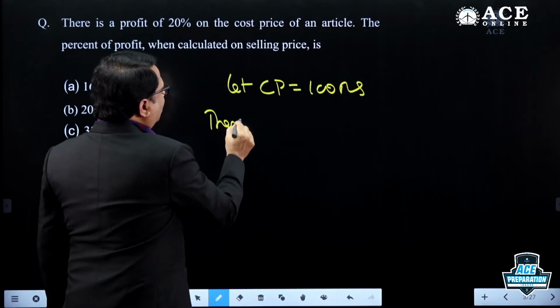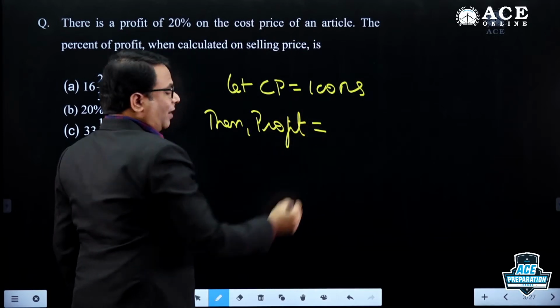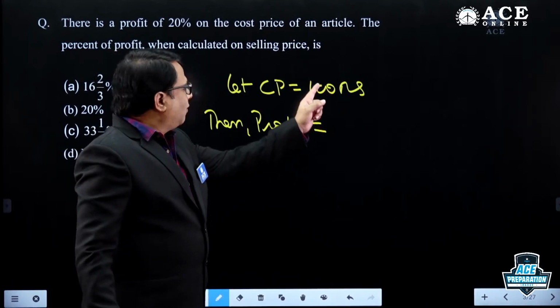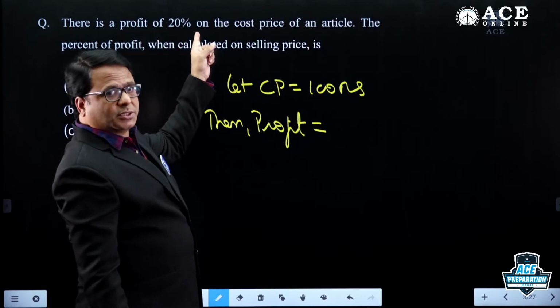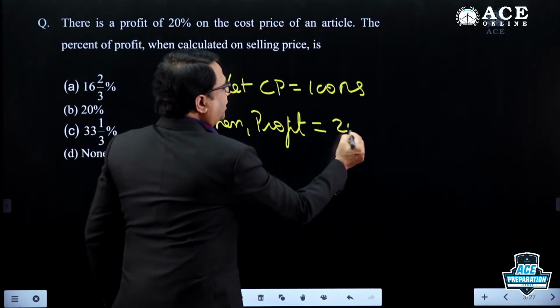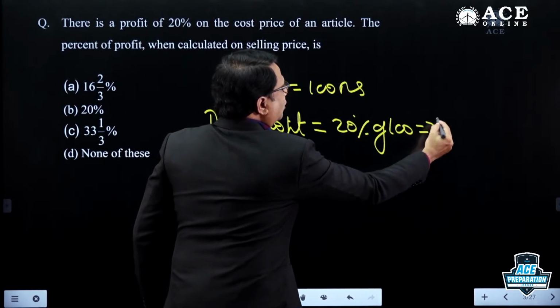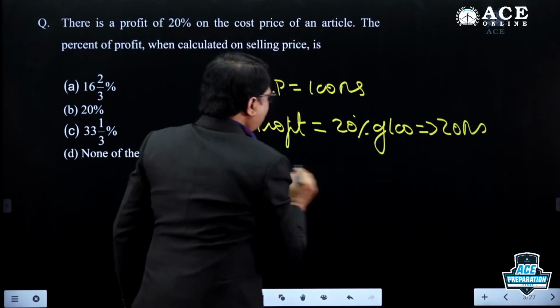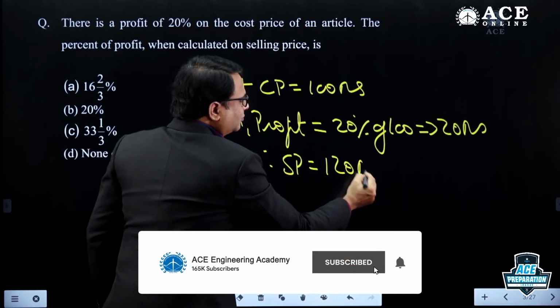Then what would be the profit? It is clearly given that when calculated on cost price, profit is 20%. That means profit is 20% of 100, which is 20 rupees. Therefore, selling price is 120 rupees.